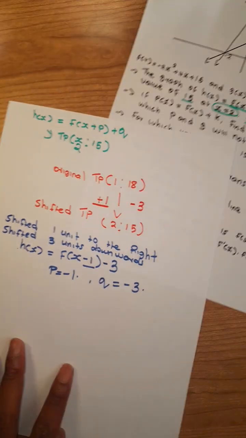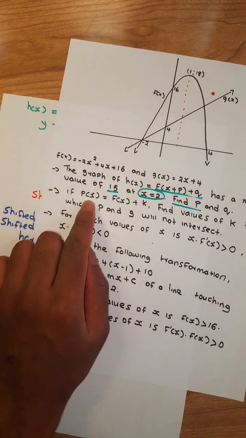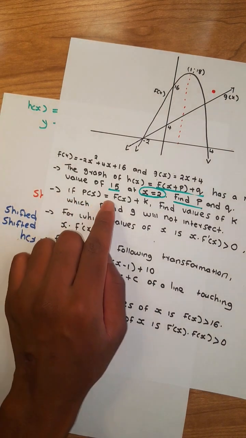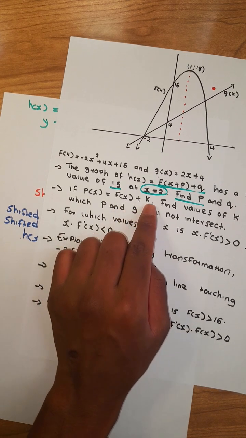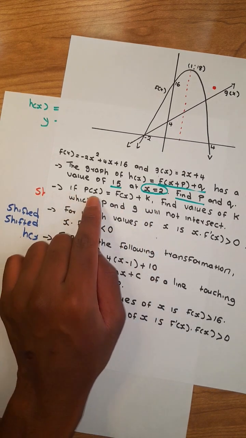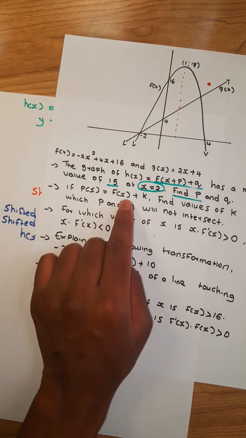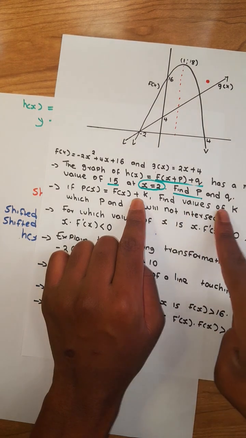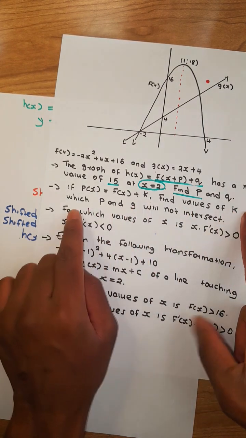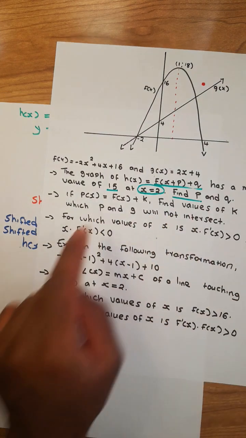Now, let's actually look at this question. This question says, if p at x equals f at x plus k, find the values of k for which p and g will not intersect.